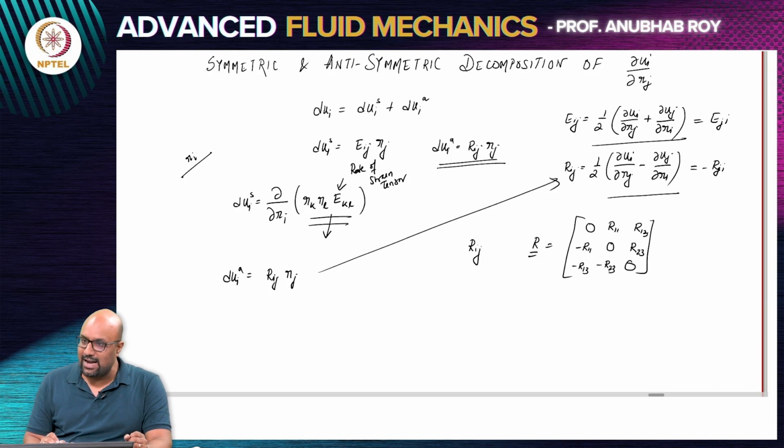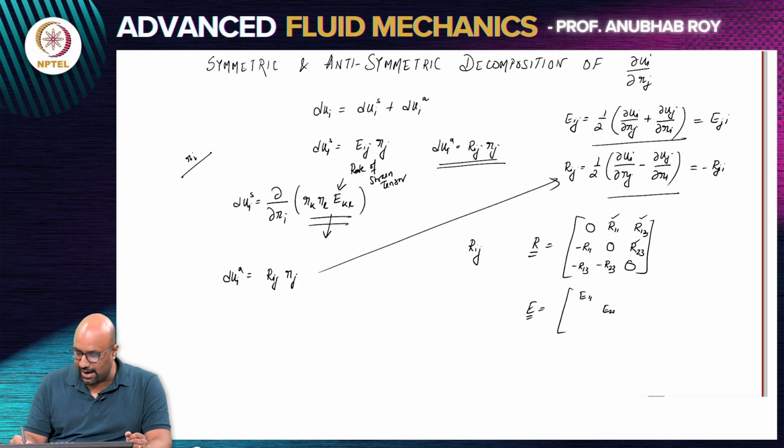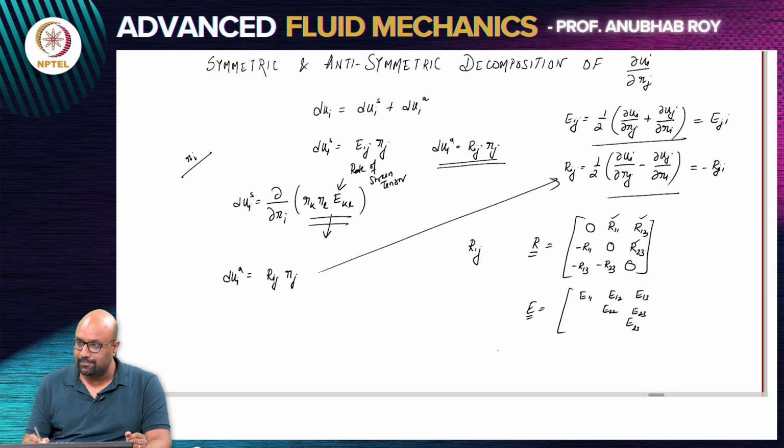which tells us that any antisymmetric tensor can be expressed in terms of an object that has 3 components, because you can see that to define this antisymmetric tensor, I only need 3 entries, I do not need more than 3 entries. For a symmetric tensor, which was the rate of strain tensor, there I would have the diagonal elements E11, E22, E33, then E12, E13, E23, and that is it, because the other off-diagonal elements are going to be exactly the same.